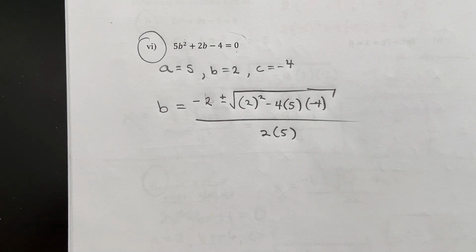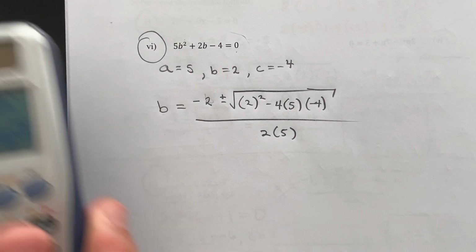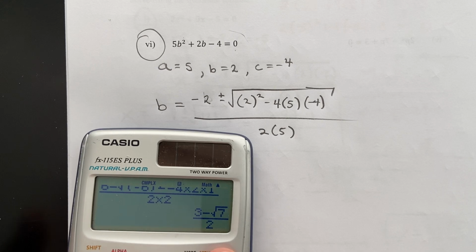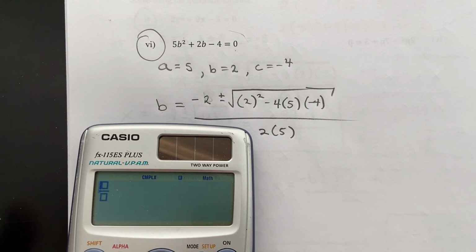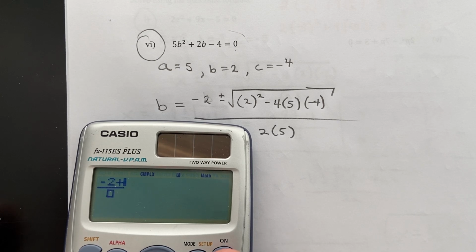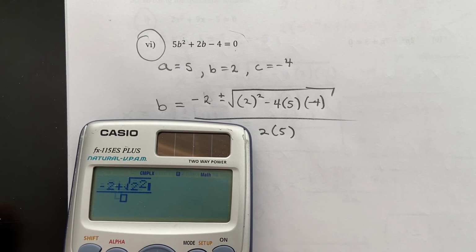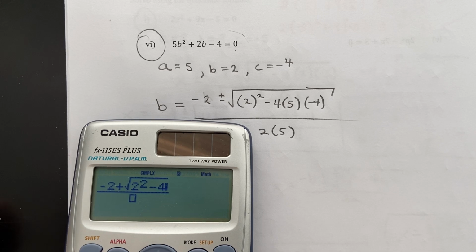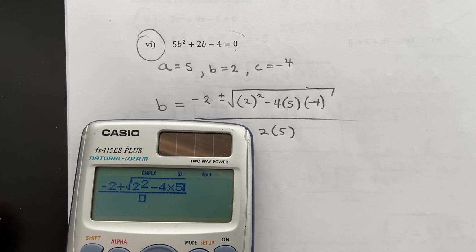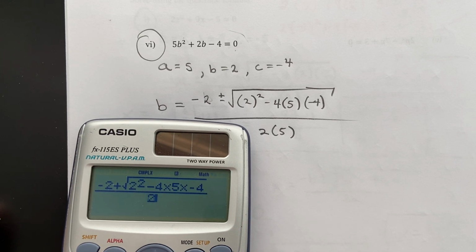Okay, so again, I can just kind of throw this into my calculator, avoiding some of this arithmetic. So negative 2 plus square root of 2 squared minus 4 times 5 times negative 4, over 2 times 5.